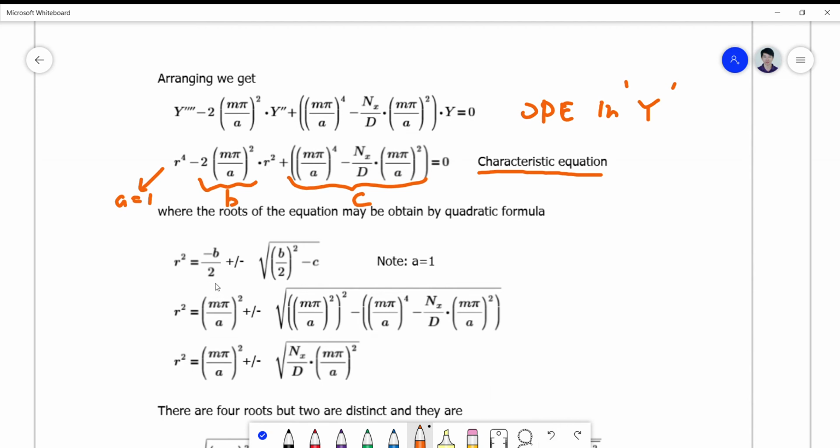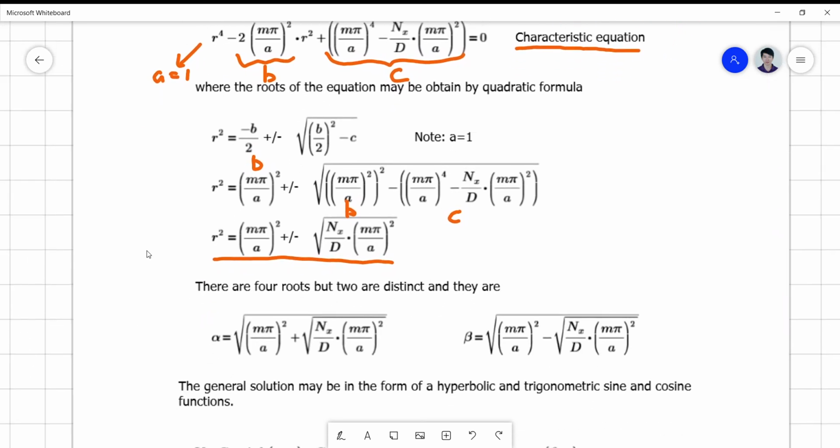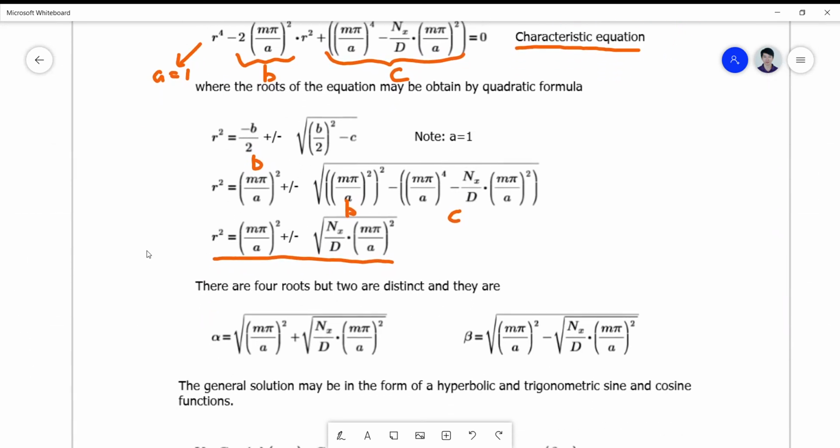And take note that my root of r to the fourth is r squared, the first square root. So we yield this value here. And finally, if I take again the square root of this, I will be yielding 4 roots which are distinct.